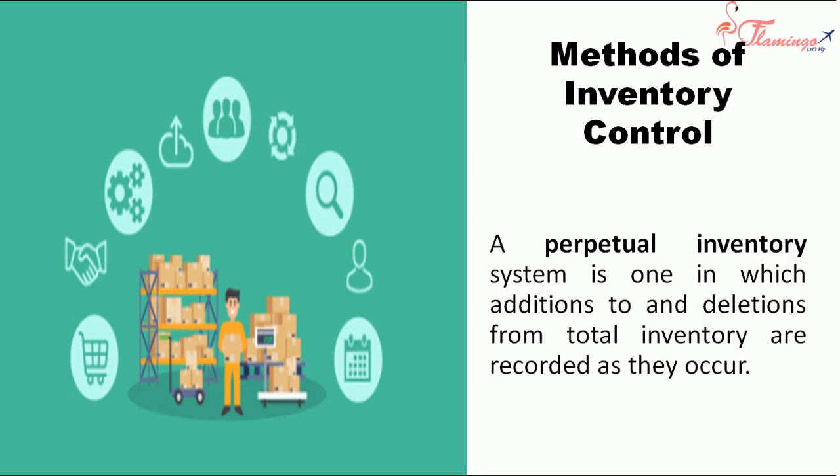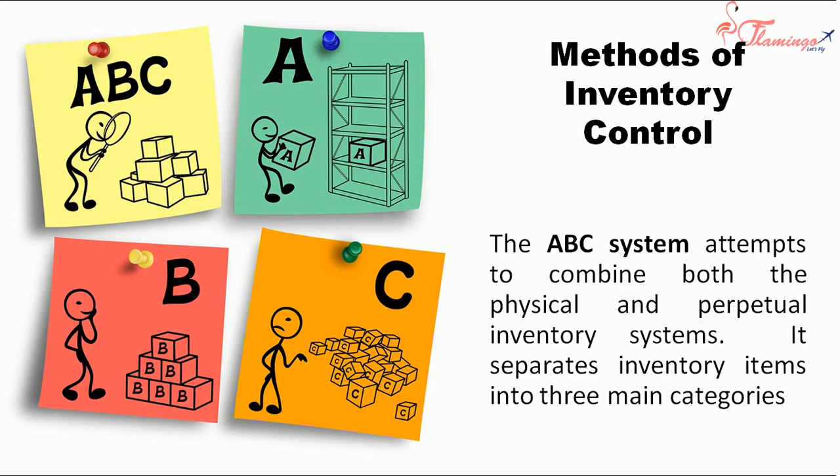A perpetual inventory system is one in which additions to and deletions from total inventory are recorded as they occur. The ABC system attempts to combine both the physical and perpetual inventory systems. It separates inventory items into three main categories.